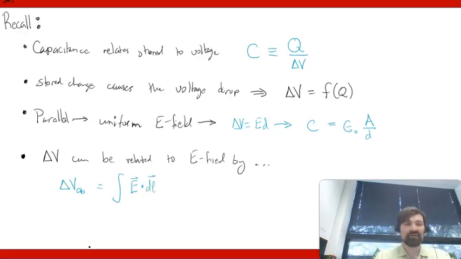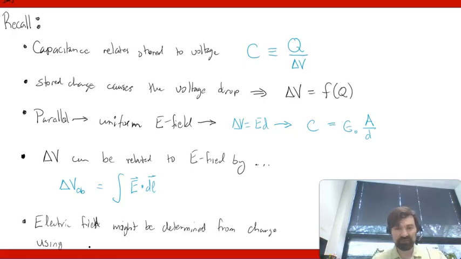In turn, E might be determined from the charge present by using either Coulomb's law or Gauss's law, etc. So we have other principles that allow us to relate Q and E, and so we should be able to relate E and delta V.